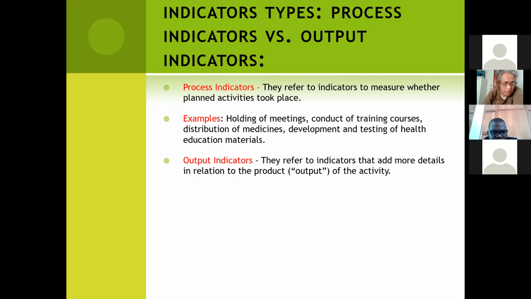We don't want just to know that meetings were held, that training courses were conducted, or that medicines were distributed, or that health education materials were developed and tested. But really, with output indicators, we want to know what was the product of the activity, or what was the output of the activity.